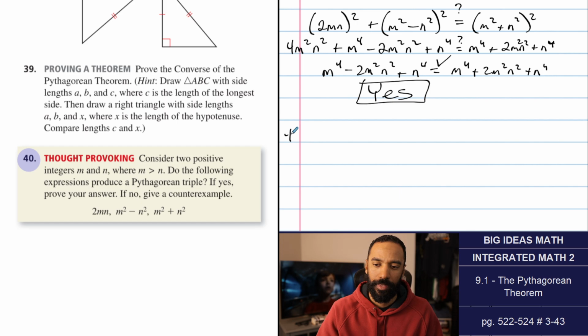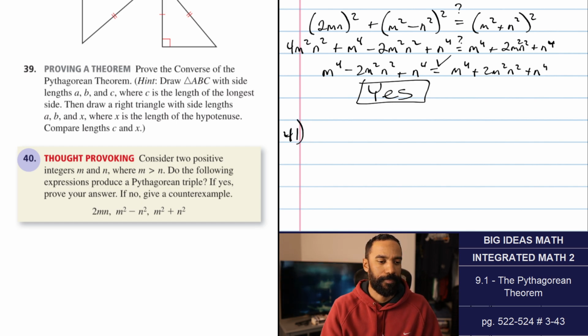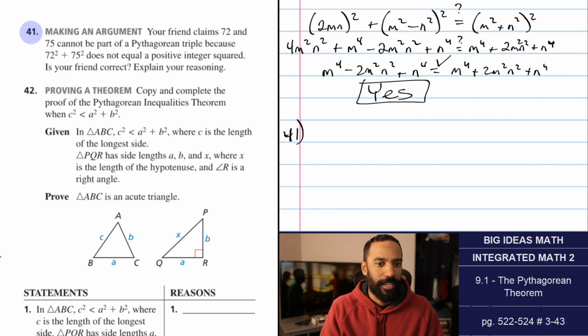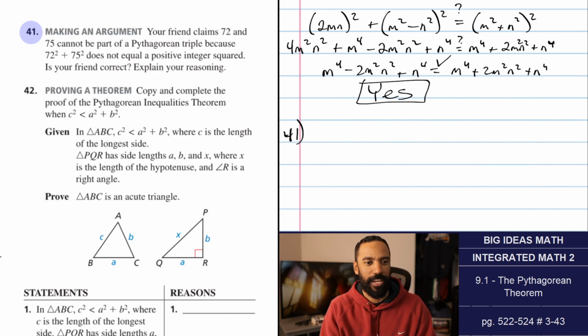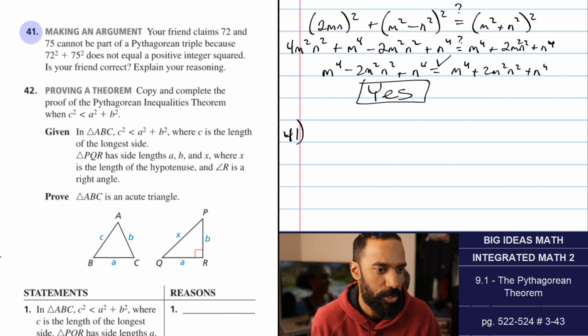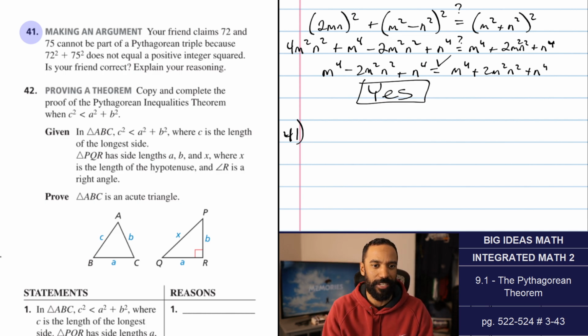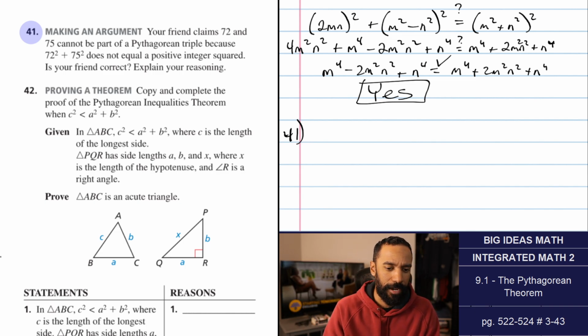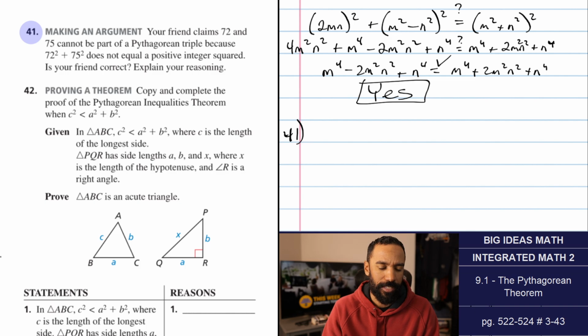Okay. Number 41. Your friend claims 72 and 75 cannot be part of a Pythagorean triple because 72 squared plus 75 squared does not equal a positive integer squared. Is your friend correct? Explain your reasoning. I want to make sure that's true and that I'm reading that question right. But otherwise, yeah. 72 squared plus 75 squared is 10,809.